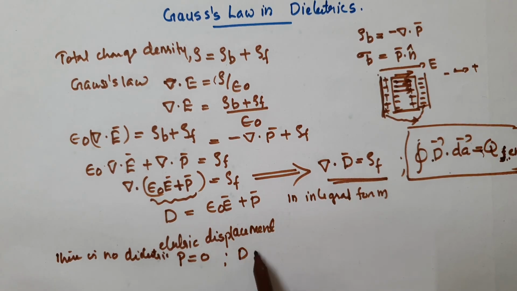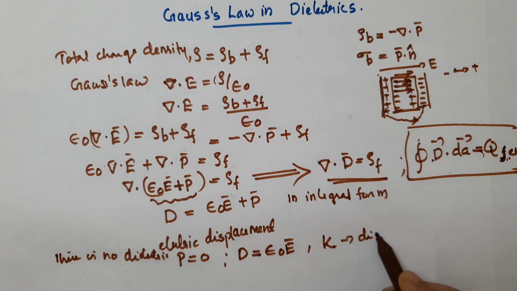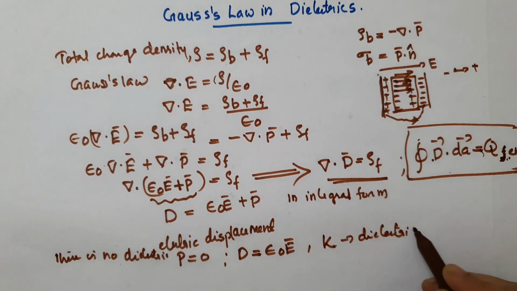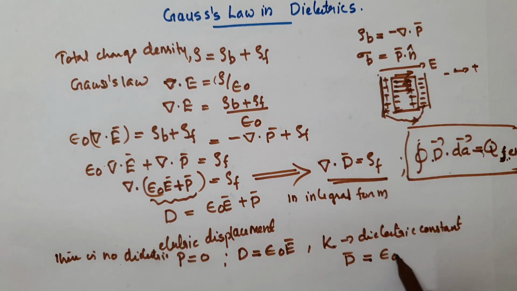Therefore, D can be written as epsilon 0 E. In free space there is no dielectric and hence the polarization vector P is equal to 0, or the electric displacement, or displacement vector D, is equal to epsilon 0 E. And if K is the dielectric constant, then the electric displacement can be represented as epsilon 0 K E.